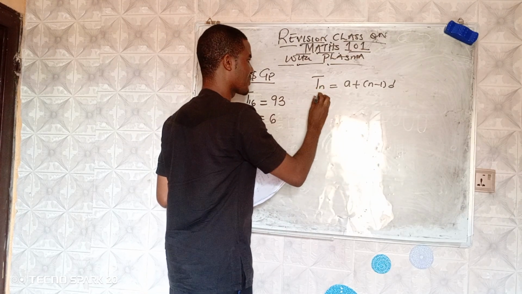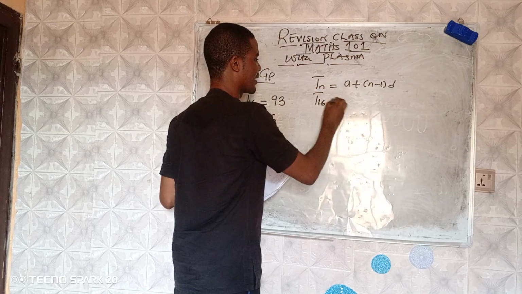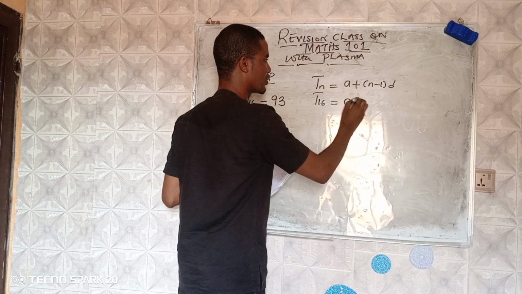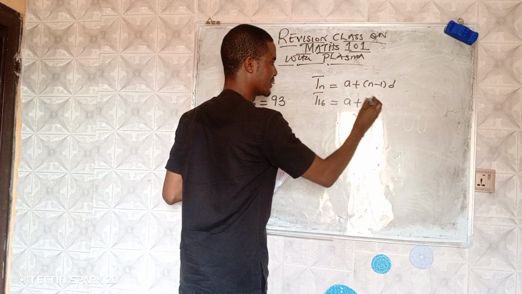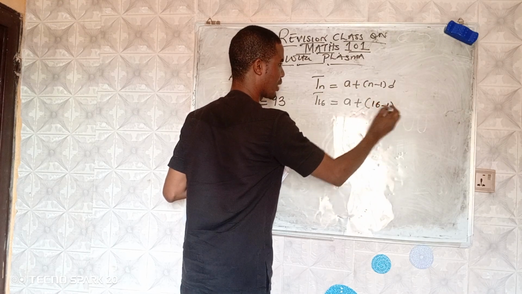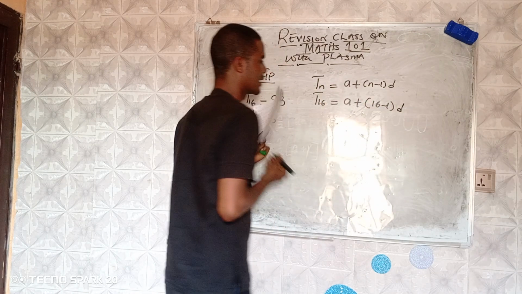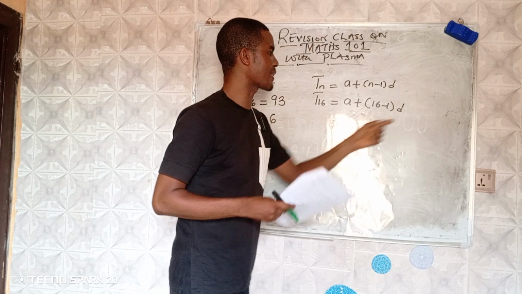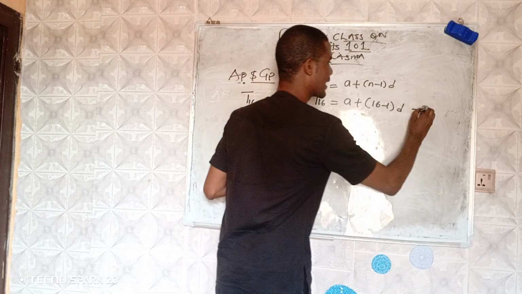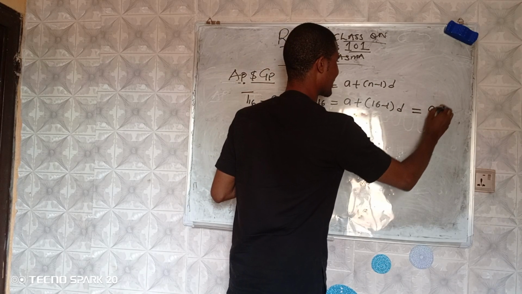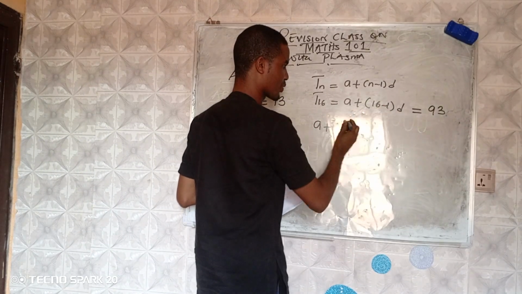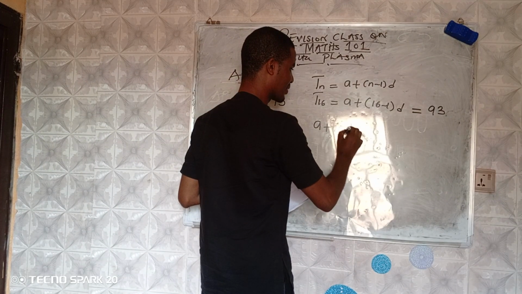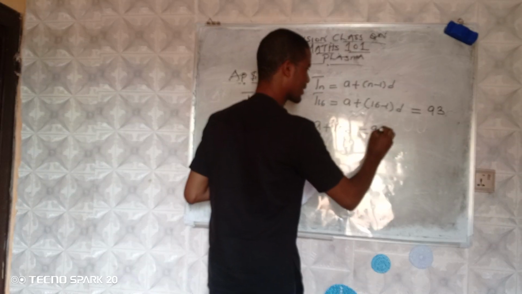That means this n has become 16. T16 will now become a plus (16 minus 1)d. Then they say it is equal to 93, so a plus 15d is equal to 93.